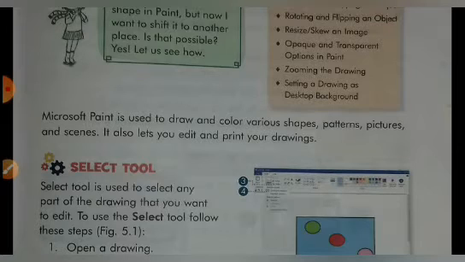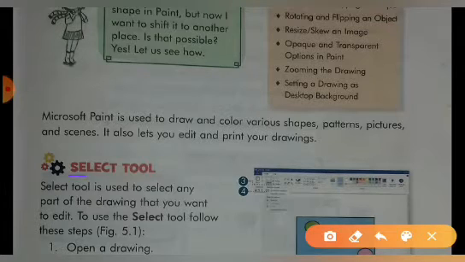Simply you can say Microsoft Paint is a drawing software where you can draw shapes, patterns, pictures and sceneries, etc. Your first topic is select tool.